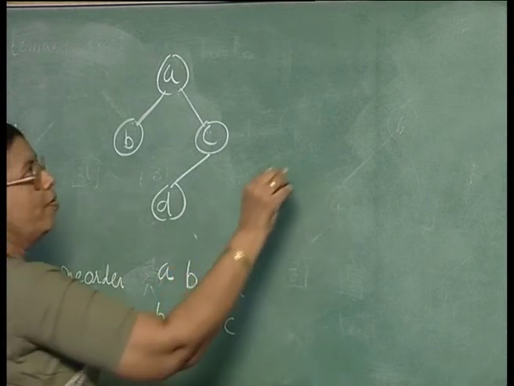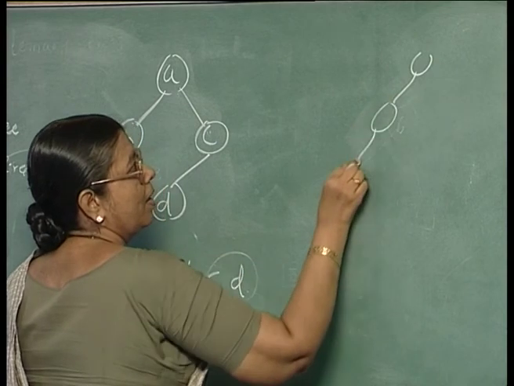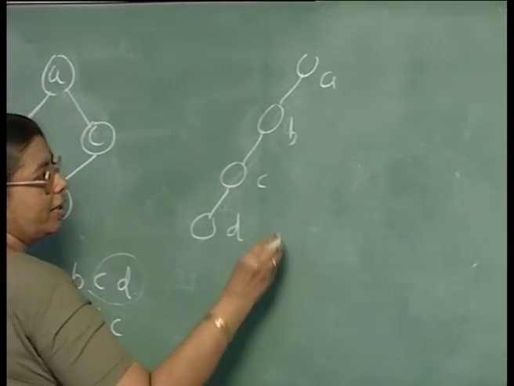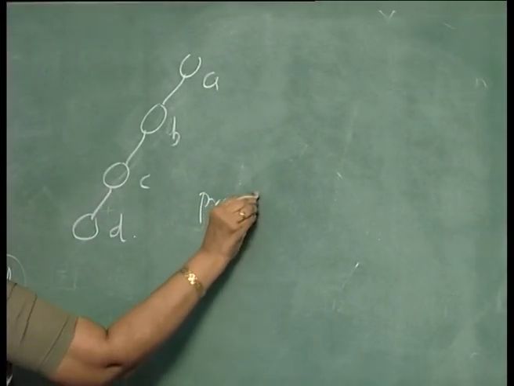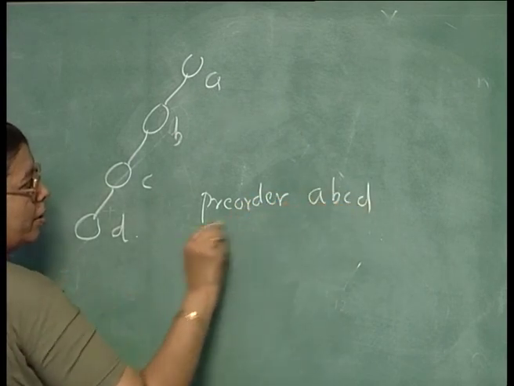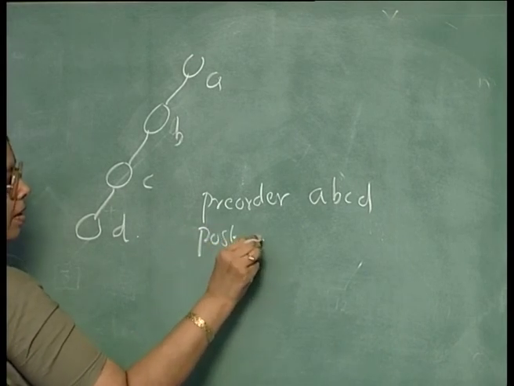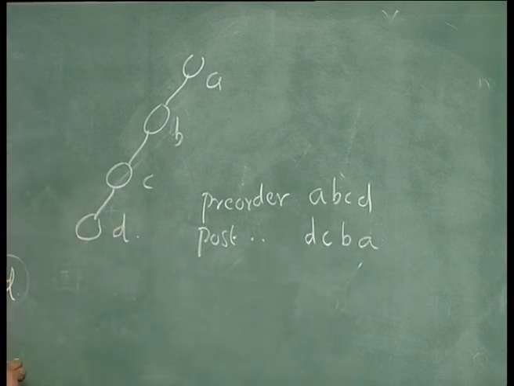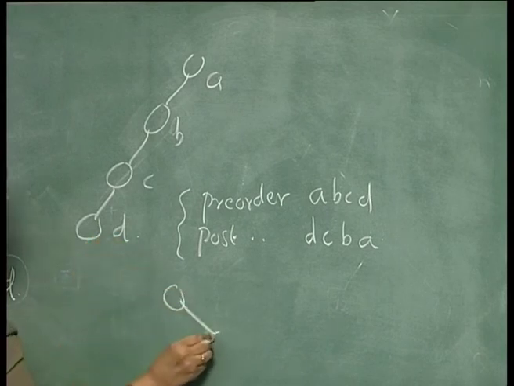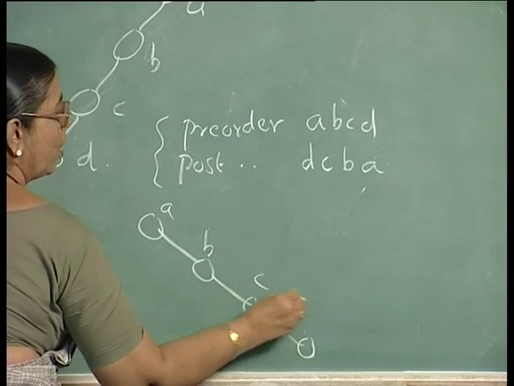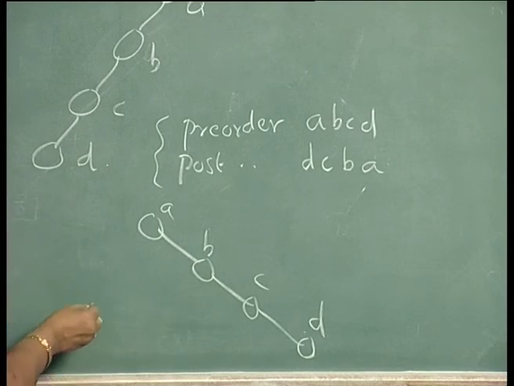For example, if you have something like this, A, B, C, D, what is the pre-order? The pre-order is A, B, C, D, the post-order is D, C, B, A. If you are given this, the tree can be like this or it can be like this also, A, B, C, D. What is the pre-order for this?